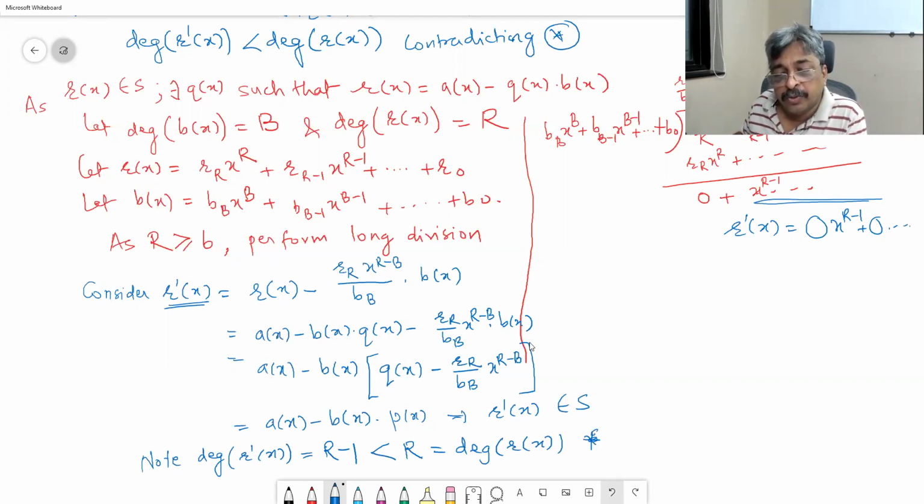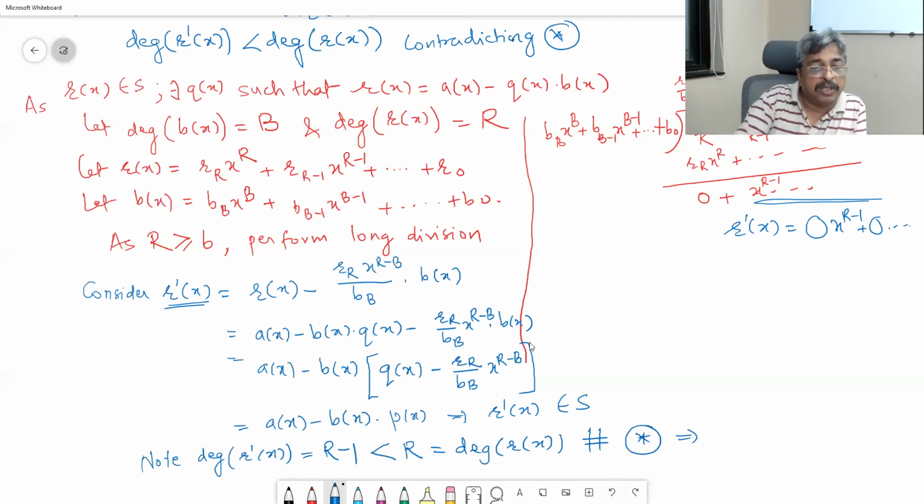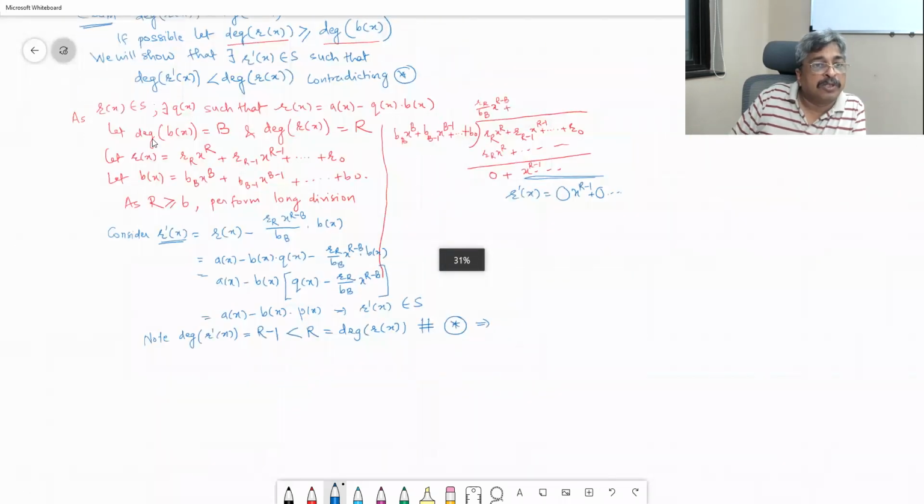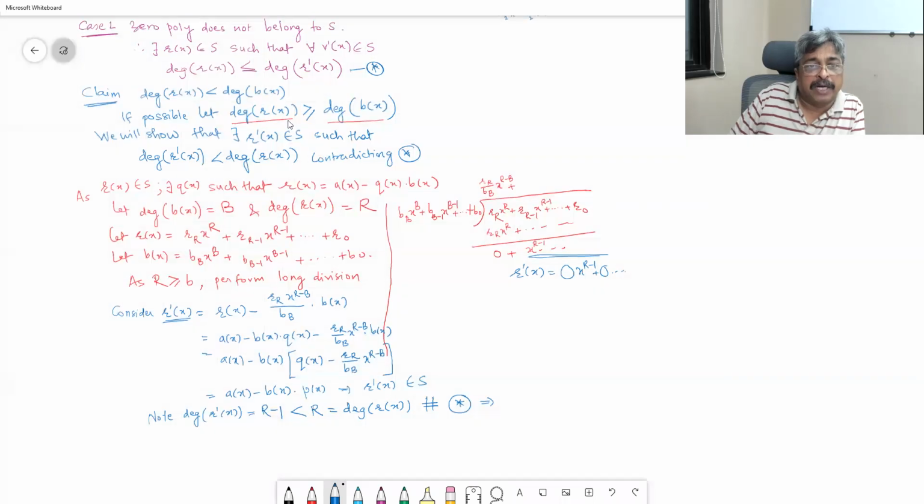Contradiction to star implies whatever we have assumed, whatever, if possible. Where is the if possible statement? That is what is our assumption. If possible, degree of r of x greater than or equal to degree of b of x is false.